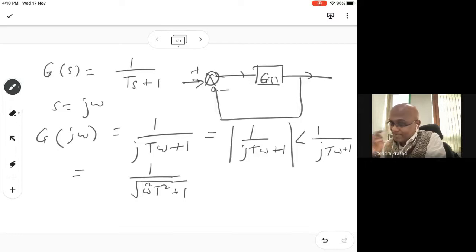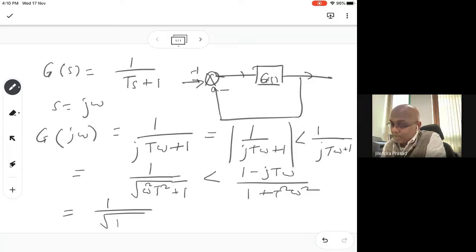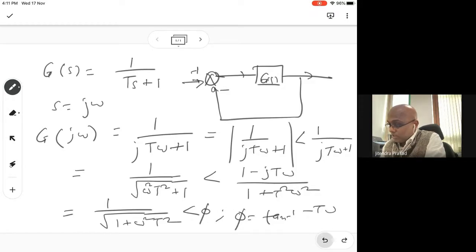And then what is the angle? The angle is simply the angle of 1 minus j tau omega divided by 1 plus tau square omega square, which is 1 over 1 plus omega square tau square, and then you have the angle phi, where phi is equal to tan inverse of minus tau omega, divided by 1.